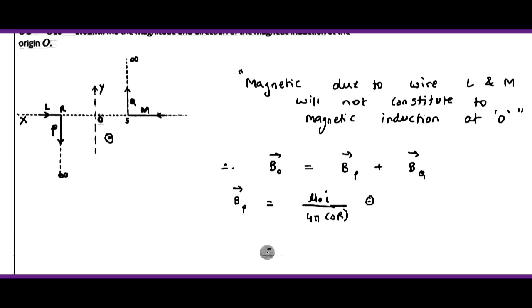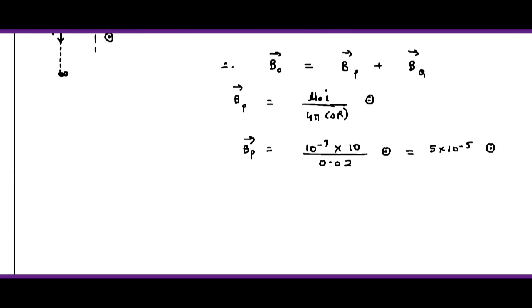Or if we simplify it further, so we can write mu naught by 4 pi can be taken as 10 raised to minus 7 into I is been given as 10, dividing it by OR. OR has been given as 0.02, and this comes out to be 5 into 10 raised to minus 5, and direction is outward. Alright, so this is what the magnetic field due to wire P we are getting.